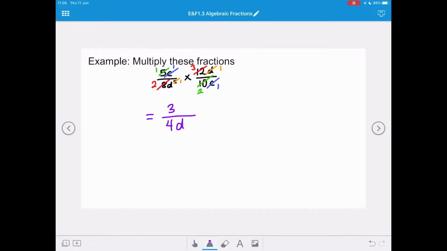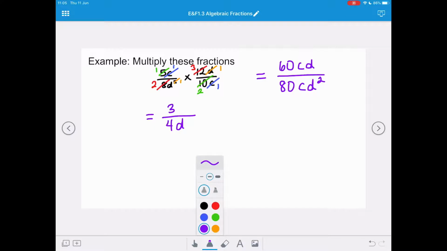Now, as I said, we could have multiplied our numerator and denominator at the start and then simplified at the end. And we've got 60cd on our numerator and 80cd squared on our denominator. We would have had a common factor of 20, which would have simplified our 60 over 80 down to 3 over 4.